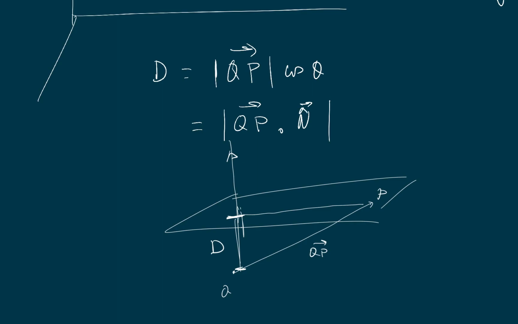It's very important to find the unitary vector n. QP dot the unitary vector n is the distance D. Okay, let's do one example.